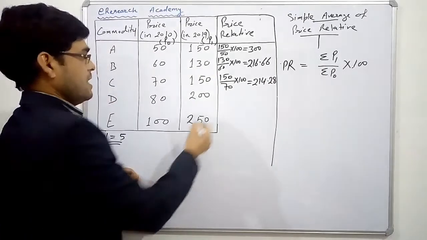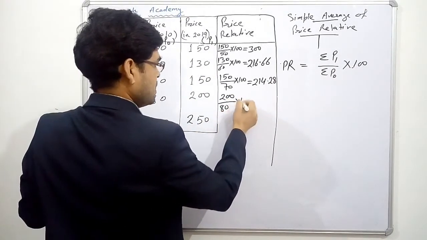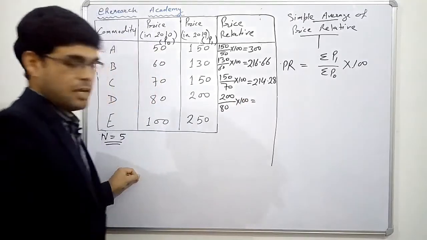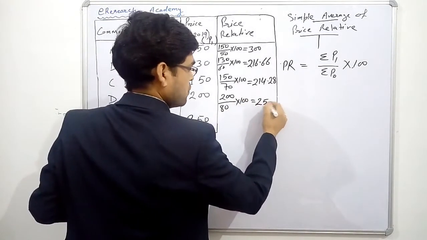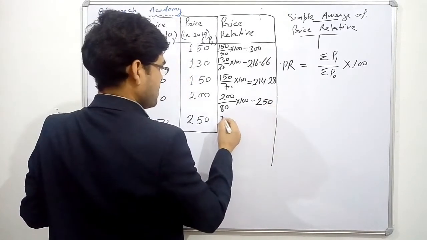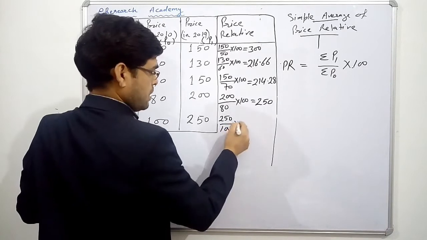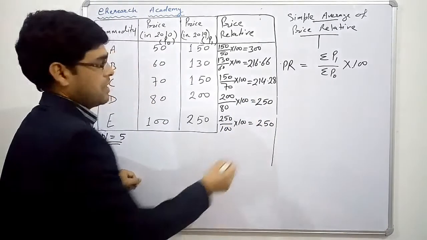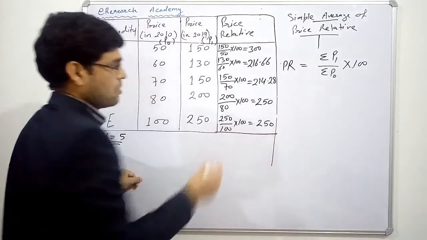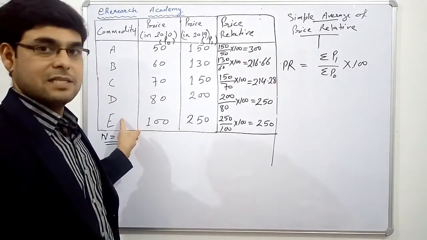Next we have 200 upon 80 into 100, which gives us 250. Last we have 250 by 100 into 100, which is again 250. So these are all the price relatives for all the commodities.